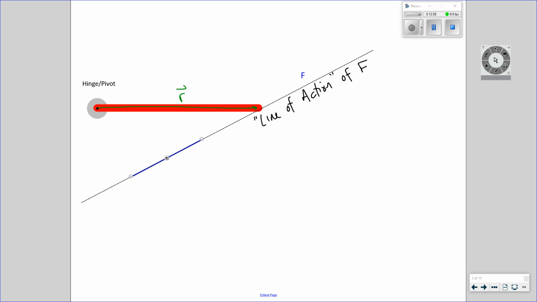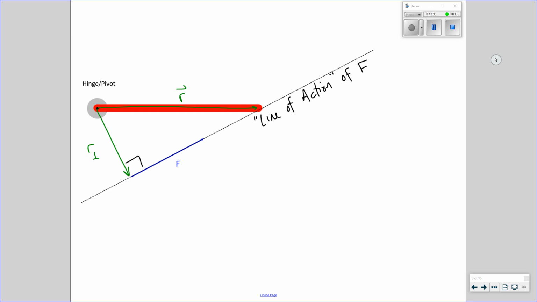In particular, the reason I say here is because there's this component of r that's perpendicular to F. So here's the whole force F, and that entire force F produces torque, but only at an effective distance of r perpendicular.